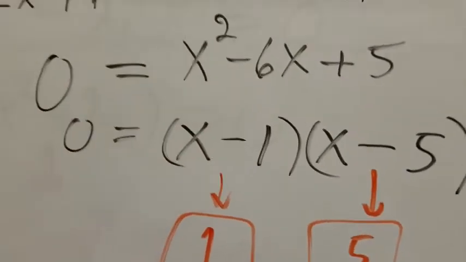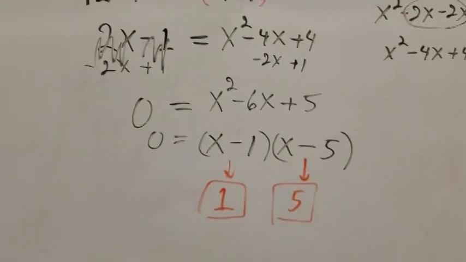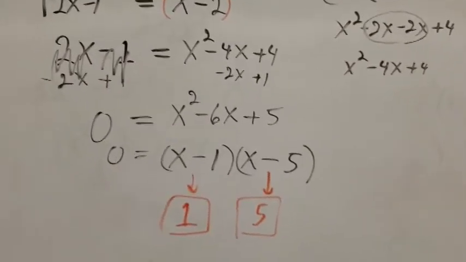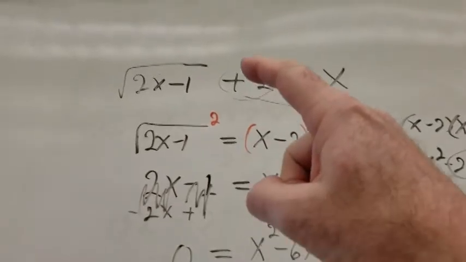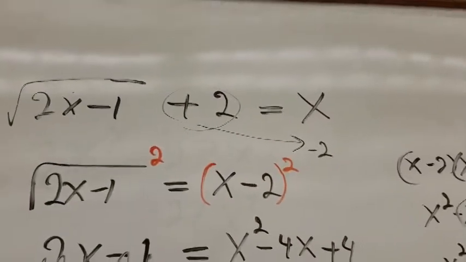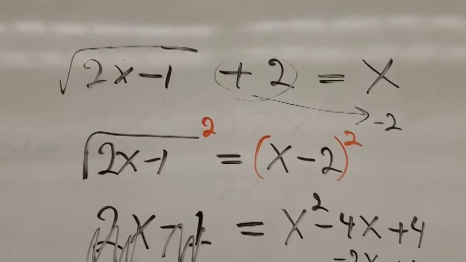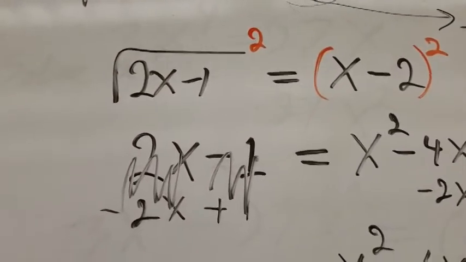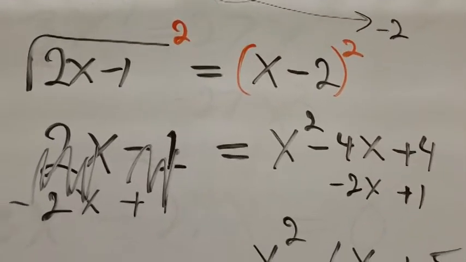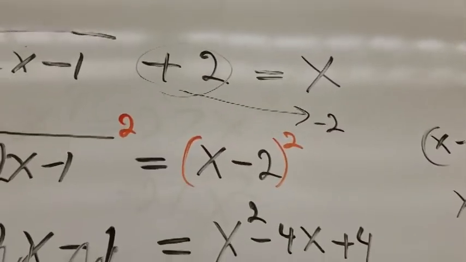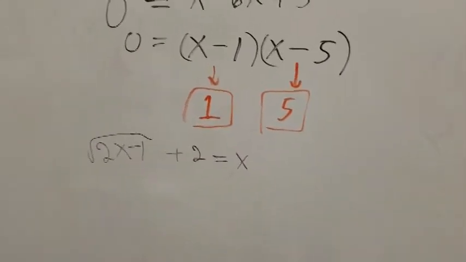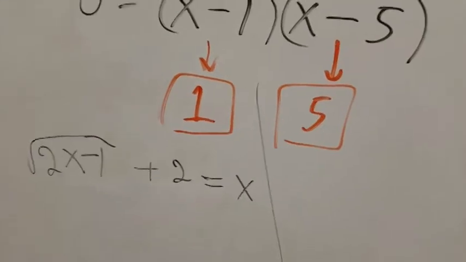But because this is a radical problem, I must check my work. And I must check these answers in the original equation. So I've got to take this original equation and check. I've got to check square root of 2x minus 1 plus 2 is equal to x. So I'm writing it down there. I'm going to do one side and then I'm going to do the other.